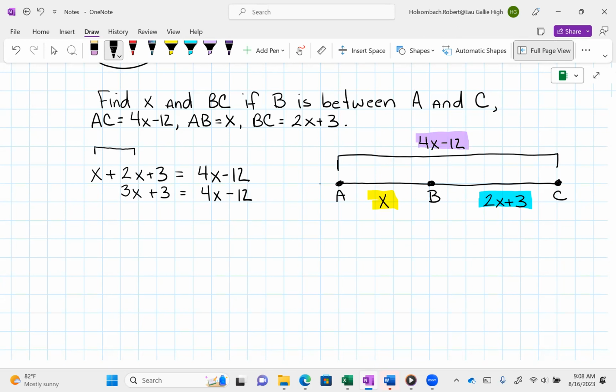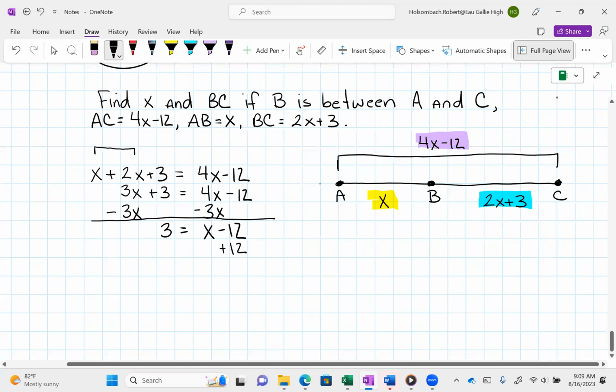So we're going to move all the variables to one side and typically like to move the smaller variable. So if we subtract 3x from each side, then 3 is equal to x minus 12.